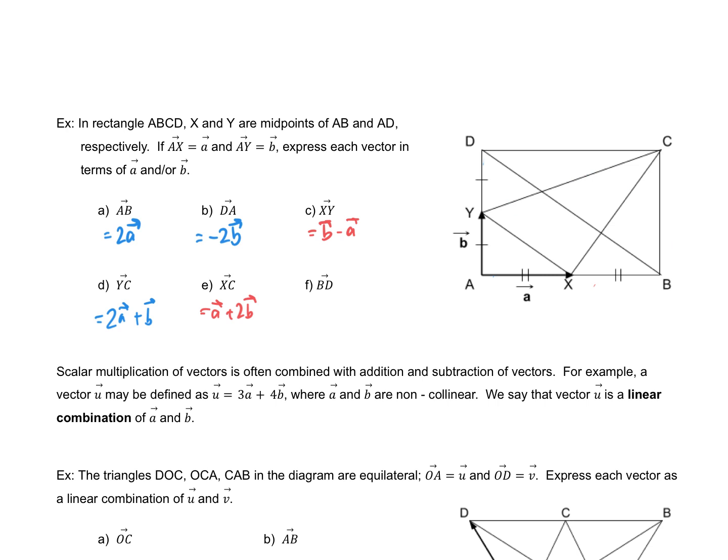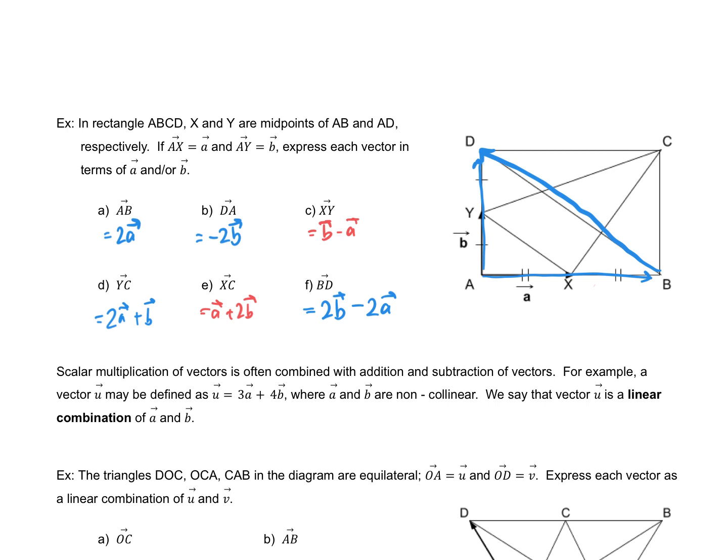And finally, BD. BD is this right here. So it is coming off of 2 A's and 2 B's. We're starting at the head of the double vector A, so that's what we must be subtracting. So 2 times vector B minus 2 times vector A. So just being careful with how the vectors are positioned.